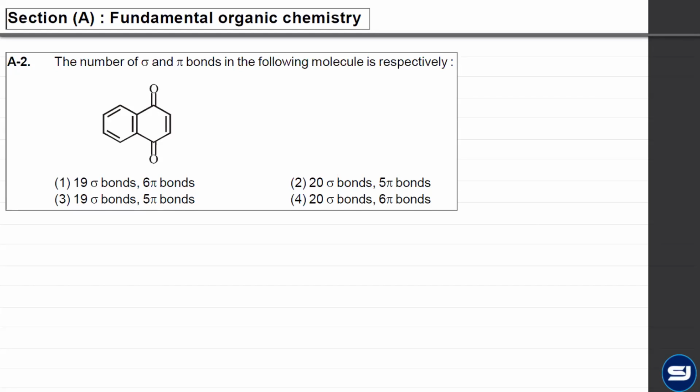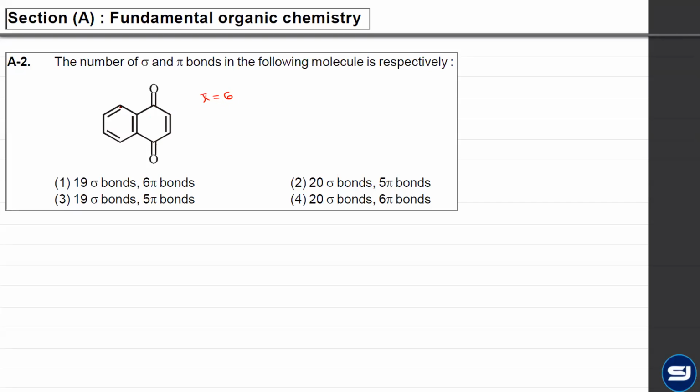The triple bond is a combination of one sigma and two pi. So looking at the structure, there is a ring aromatic in nature, which is having three double bonds. So 3 pi would be over here, then 1, that is 4, then 5, and then 6. 5 bonds so सीधे सीधे दिख रहे हैं, they are equal to 6.